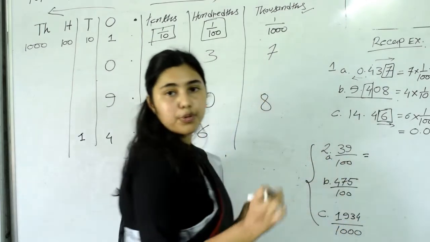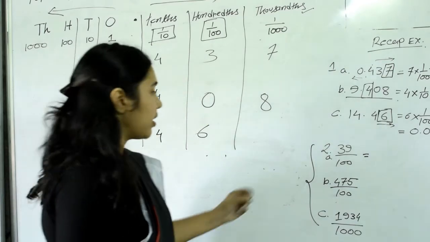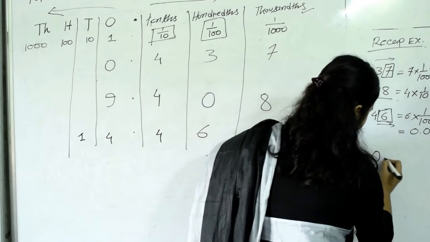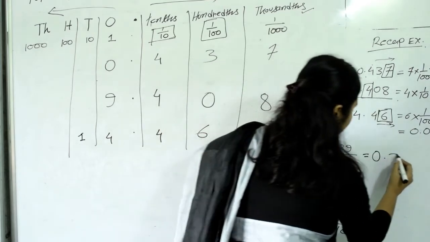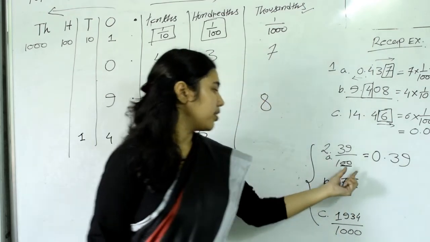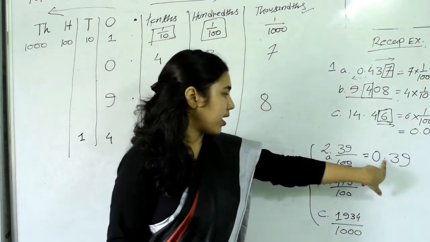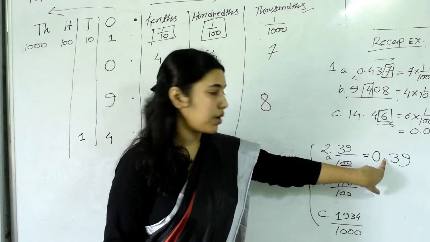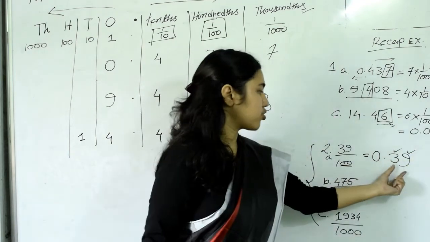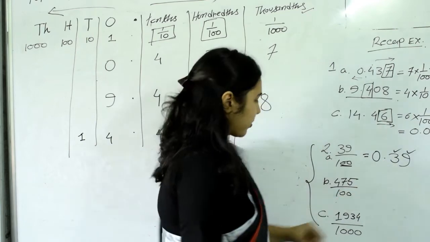Which means we have to place the decimal point at 2 decimal places, because in the denominator we have 2 zeros. That's why we are placing this decimal point at 1, 2, at 2 decimal places.